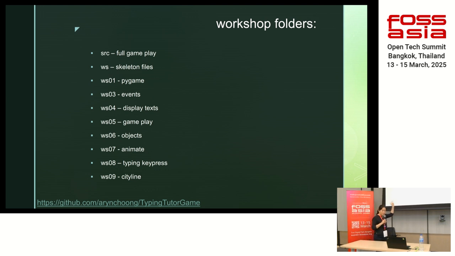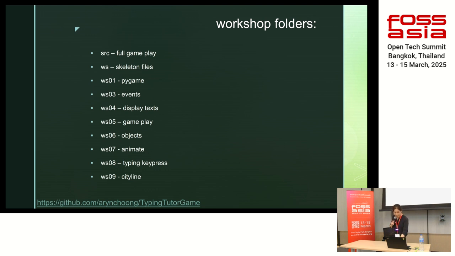The workshop directory, just plain WS, has the skeleton files. If you want to just have the skeleton files and try to create the game with your own typing words, feel free to use that one. As we go along the workshop, we'll say, this is workshop 1, 3 files. You just compile that one, and it would be for that workshop.